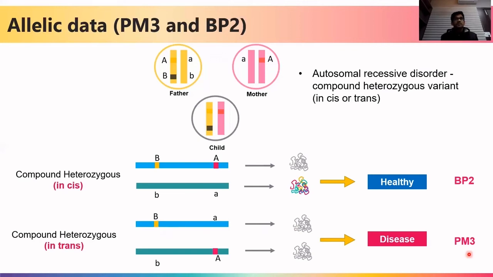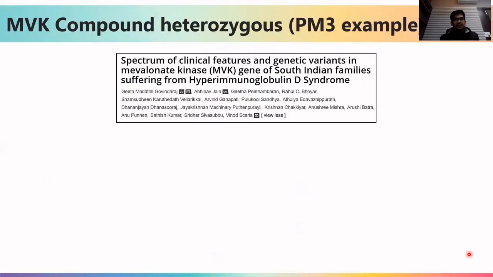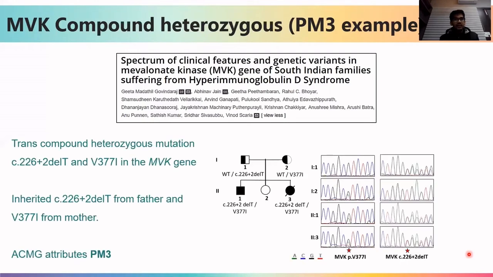Okay, so let's go to one example, the same example we went through earlier for the MVK gene, with 6 families and 10 patients. If we look at this pedigree, both the mother and father are heterozygous for two different variants.